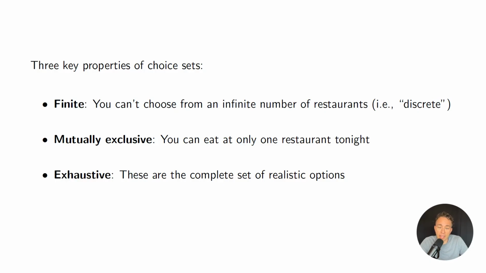Well, we could redefine a 6th option to just be any other restaurant, and then that would preserve the exhaustive nature of the choice set. We could also think about eating at home as another option. So then we could add a 7th option that was eating at home. So we can always redefine things so that the choice set satisfies these criteria, but these are the criteria that we need in order to have a mathematical foundation to infer preferences from data on choices that were made.